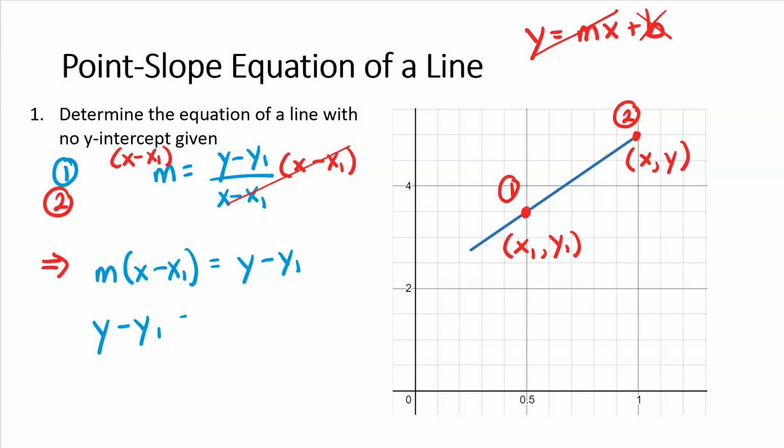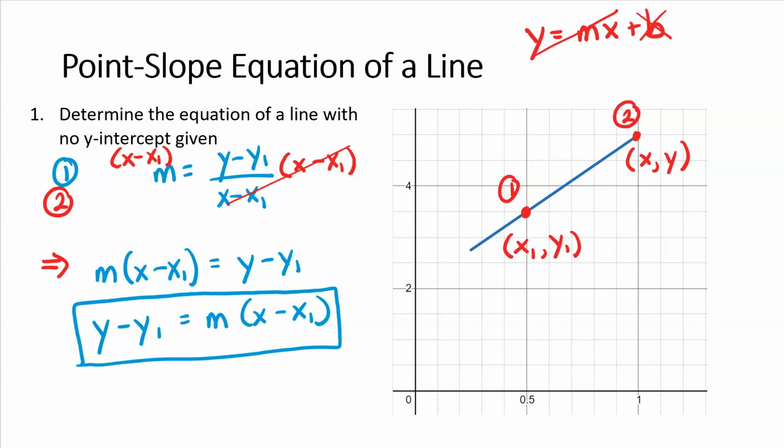So we have y minus y1 equals m times x minus x1. And this is an equation, right? It has an equal sign to it. And this is an equation of a line. It shows the relationship between an output value of y when you have given it an input value of x.